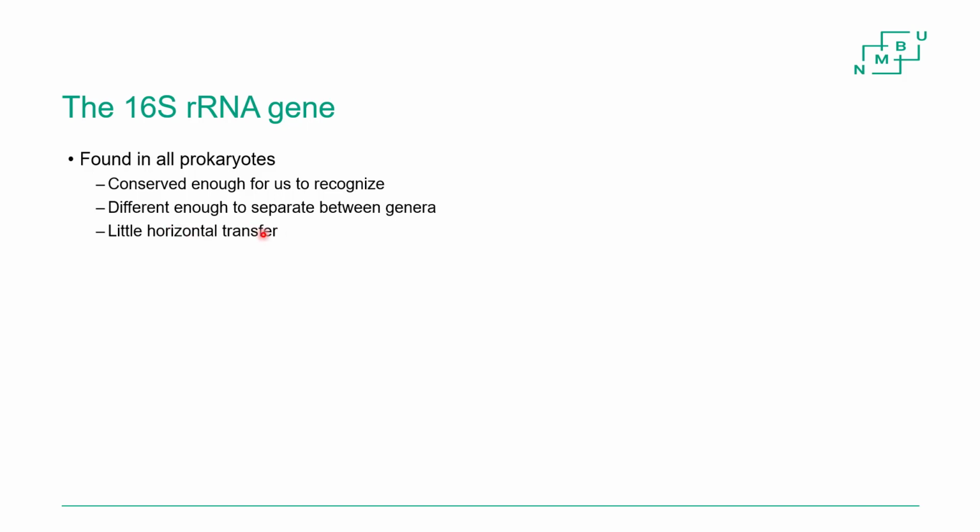There is some horizontal transfer though, and it's been reported lately that it is perhaps a little bit more than we originally thought. And that of course makes it a little bit noisy, but still it's considered a smallish problem. It's around 1,500 bases long, so it only covers a very small part of the genomes, right?